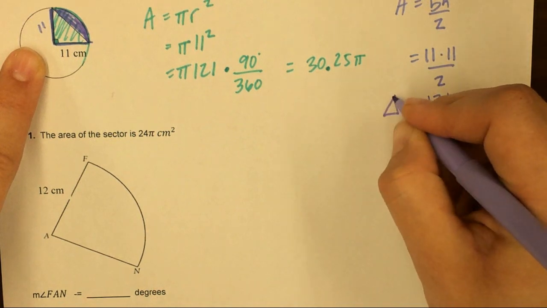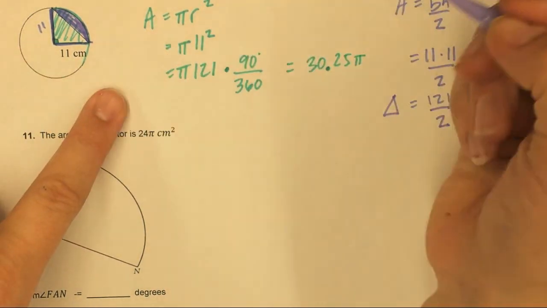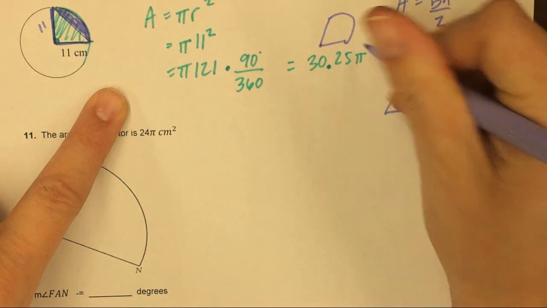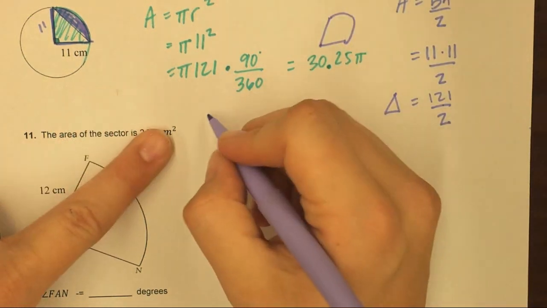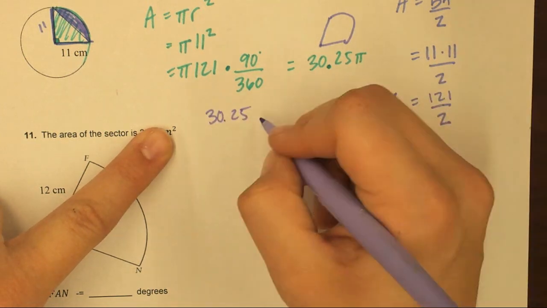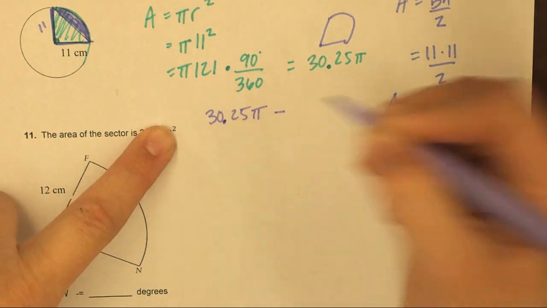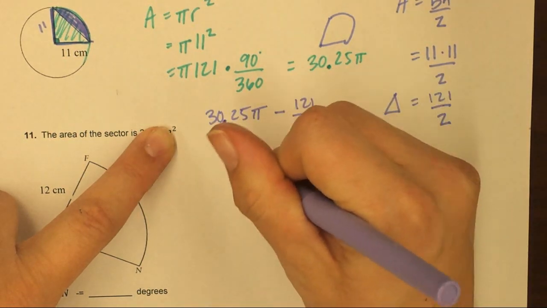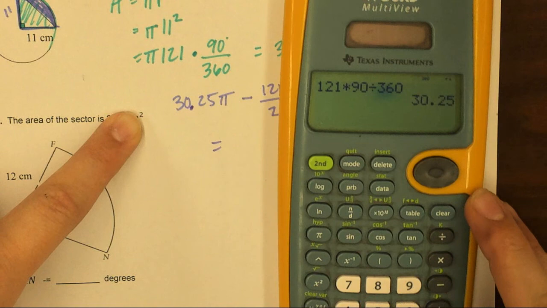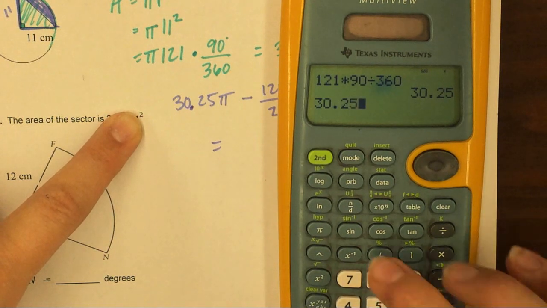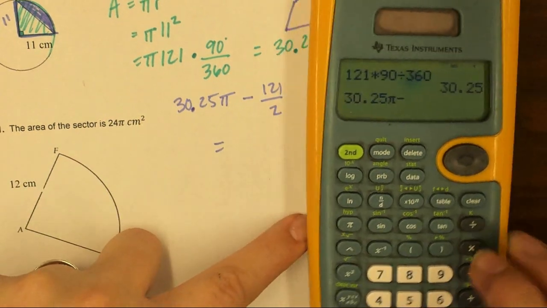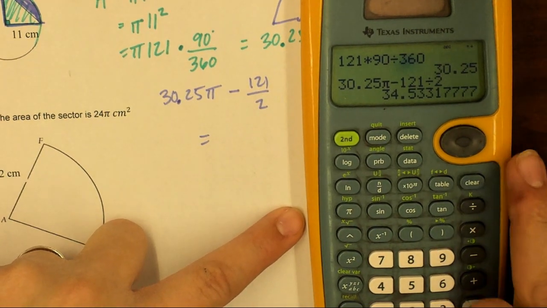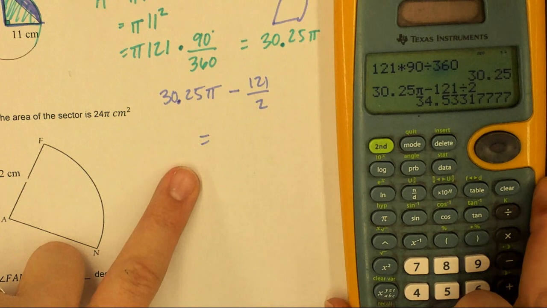That's the area of the triangle. So I take the area of the sector, the ice cream cone, and subtract the area of the triangle. 30.25 pi minus 121 over 2 is equal to 34.53.